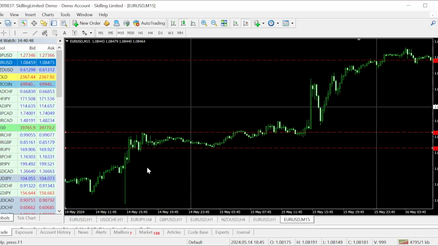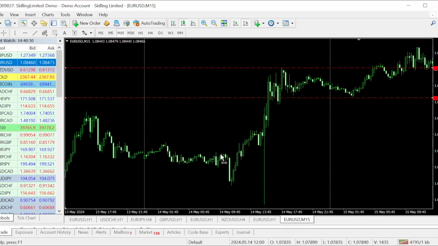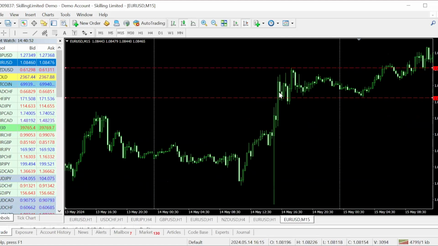Okay, so now if you look at this, let's ignore the move here, but let's look at between here. From here, it went up here, down, but then only one trade was picked and covered here, and then next here.